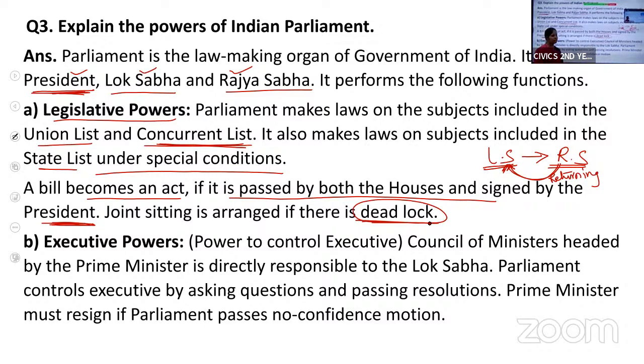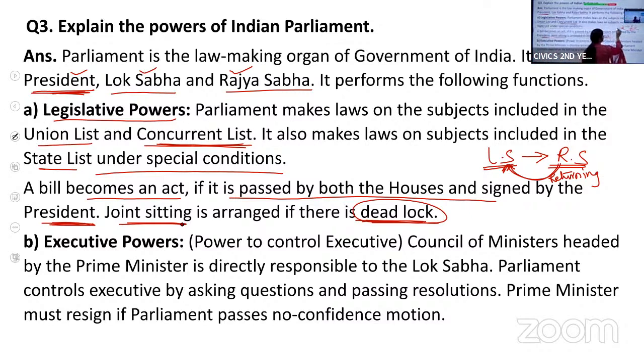Such a situation is called deadlock. So when there is deadlock over a bill, then a joint sitting of the Parliament is arranged. What do you mean by joint sitting?